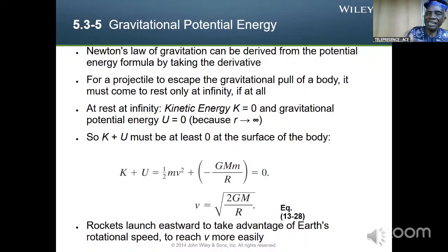If I supply it to that object, then it can be free. So we call that the escape velocity. The escape velocity is the velocity which it has that will make it escape the planet in question.